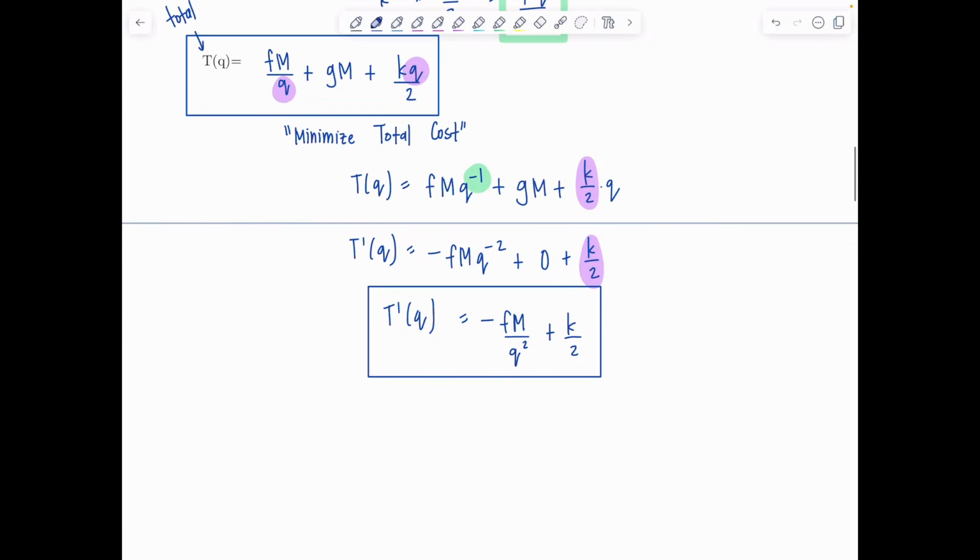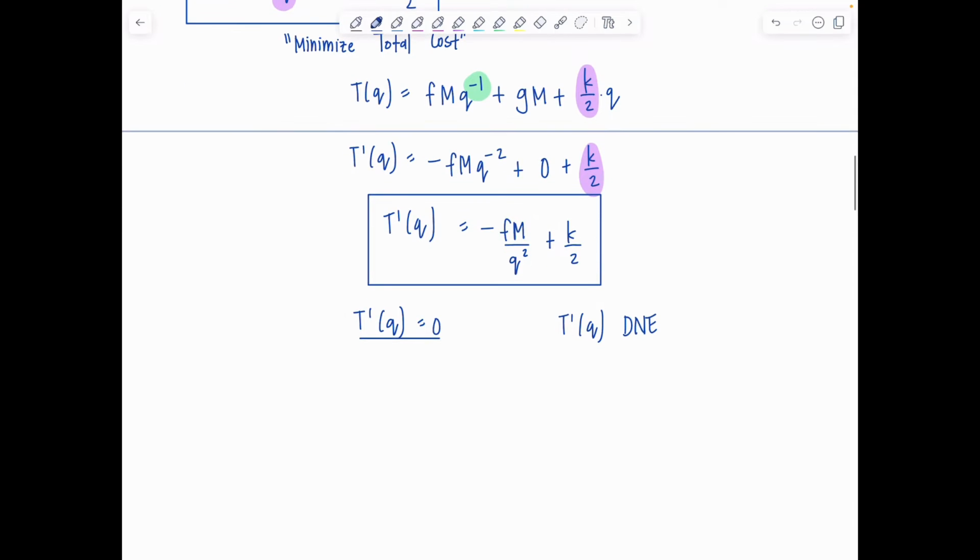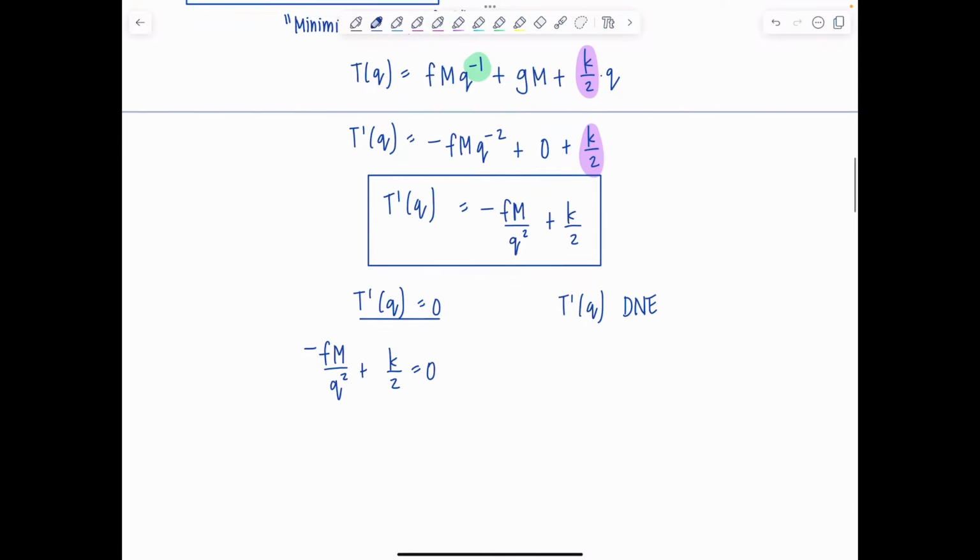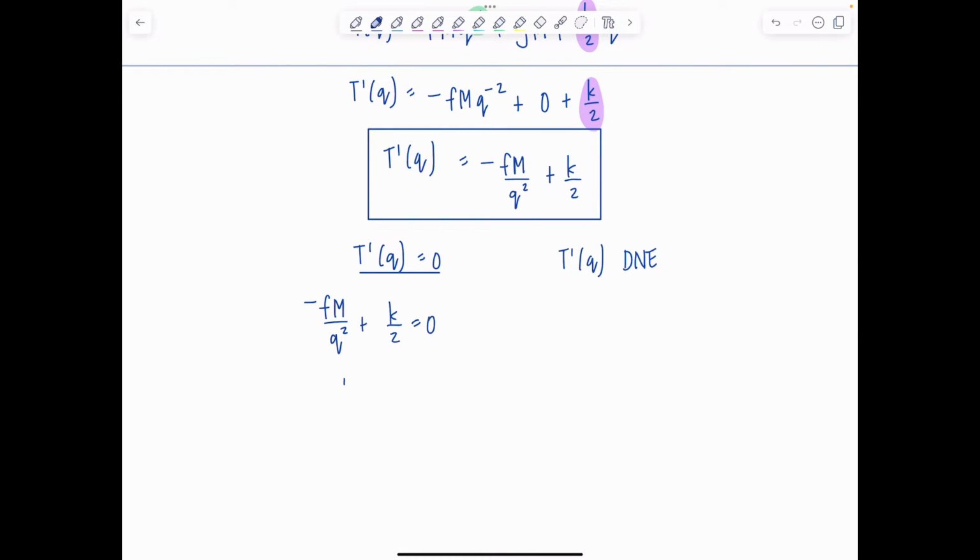That happens when T prime is 0 and where T prime does not exist. So let's set this derivative equal to 0. That would mean negative FM over Q squared plus K over 2 is 0. Let me move FM over Q squared to the other side. So K over 2 equals FM over Q squared. We can cross multiply. Do you remember doing that? Back when you were an innocent algebra student, probably.